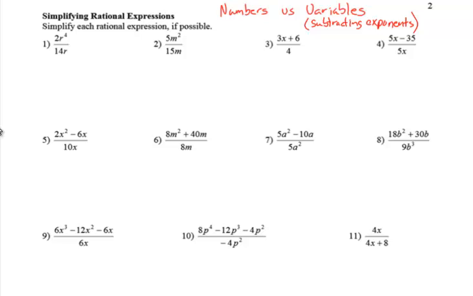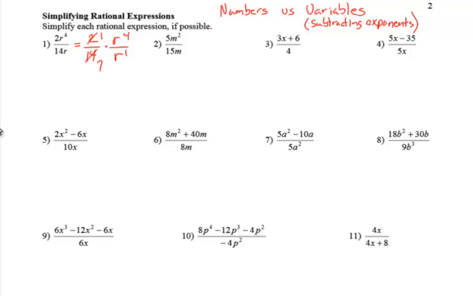Alright, so in the first one, we've got 2 and we've got 14. So we can think of this as 2 over 14 times r to the 4th over r. We just separate that so we can really isolate what we're doing. Well, let's look for common factors. So 2 goes into itself once and into 14 7 times. Now we have r to the 4th and r to the 1st.